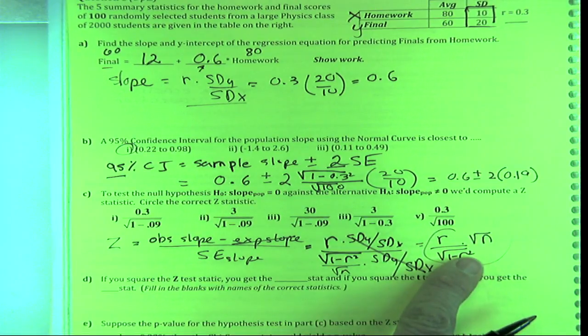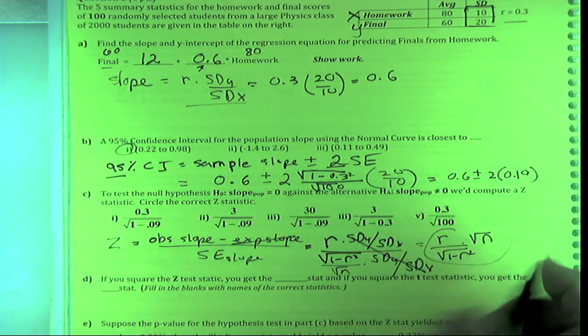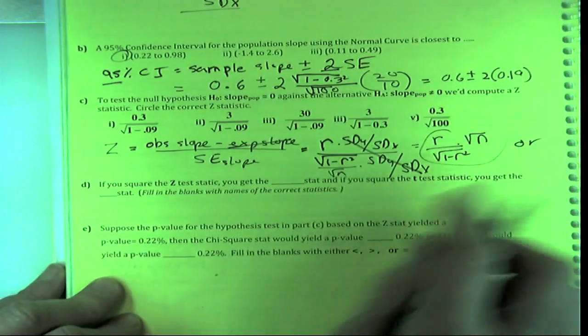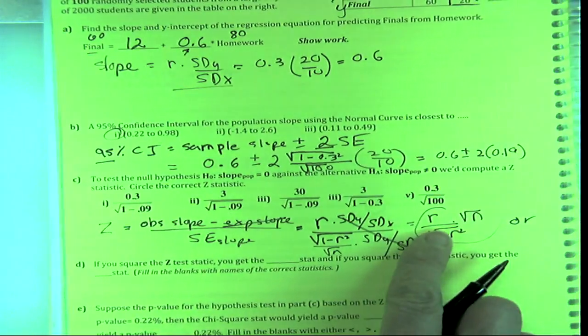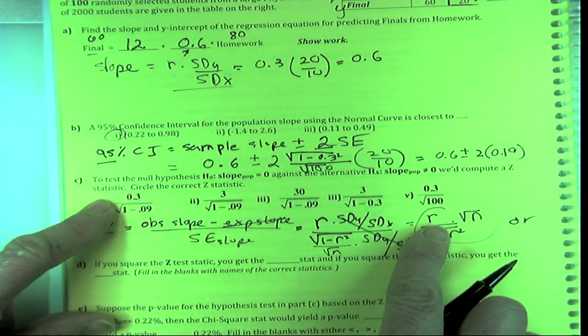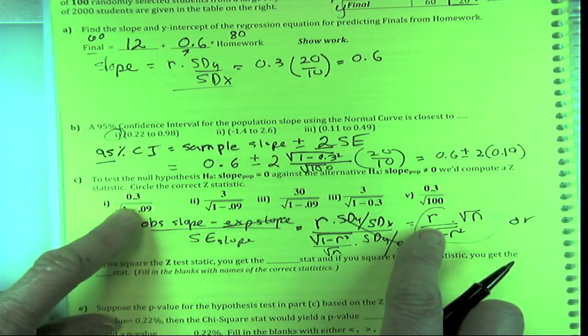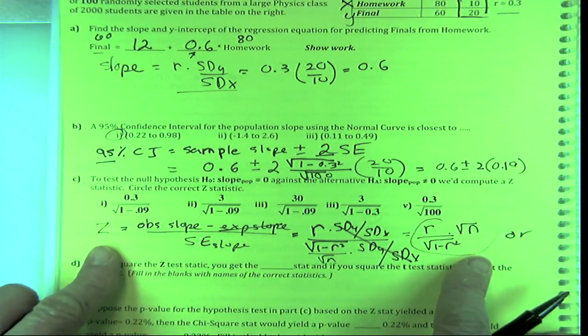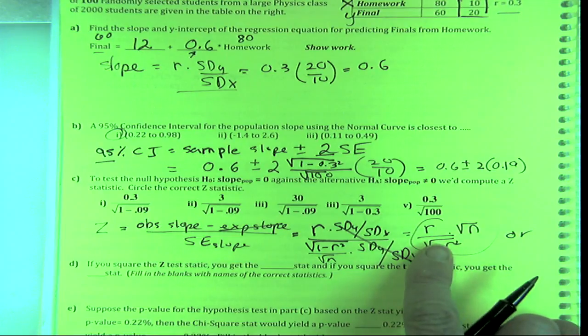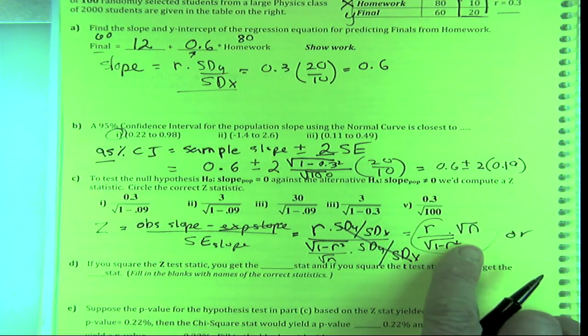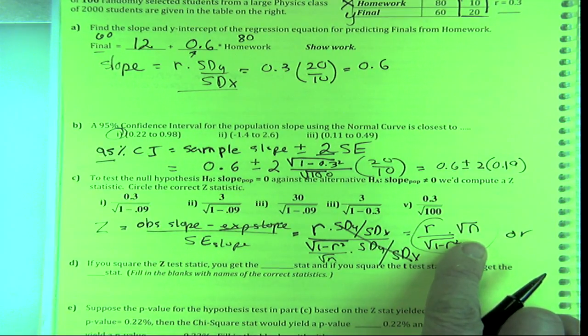But if you forgot it, there's another way to do it. We could think of what the chi-squared is and take the square root of it. Or we could go down here. First of all, which one is this? It's r times the square root of n. What is n? 100, so it's not that one.